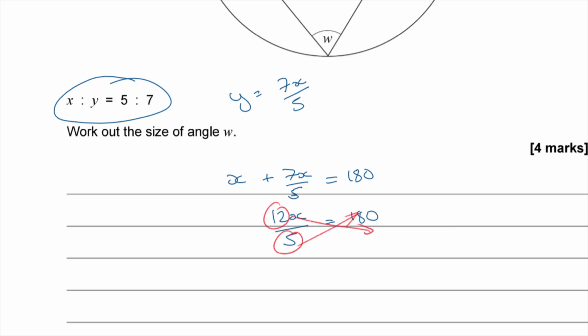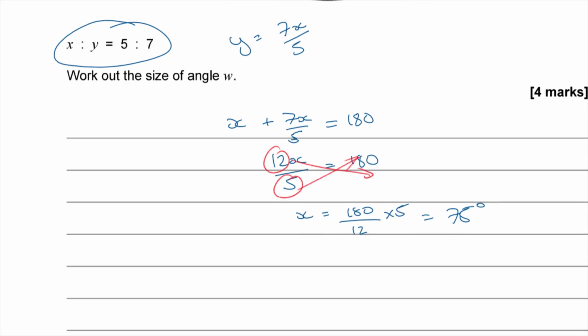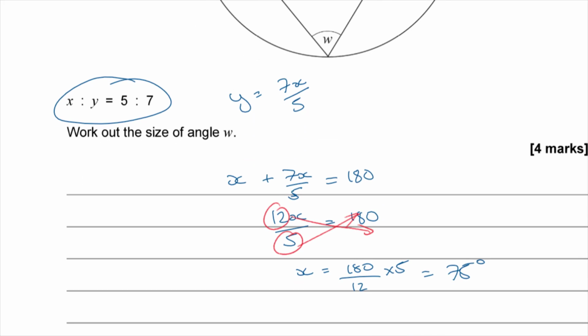So x equals 180 over 12, which is 15 times 5, which is 75. So x is 75. Okay, so now we know that x is 75.